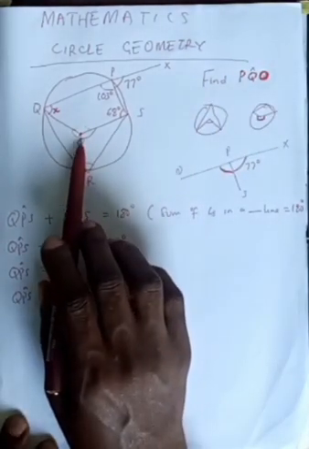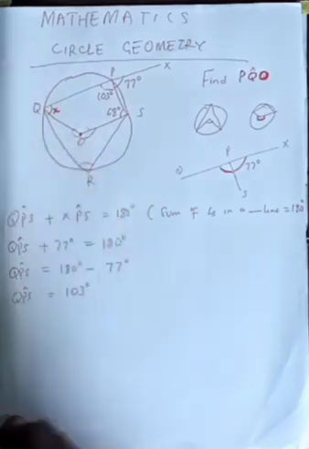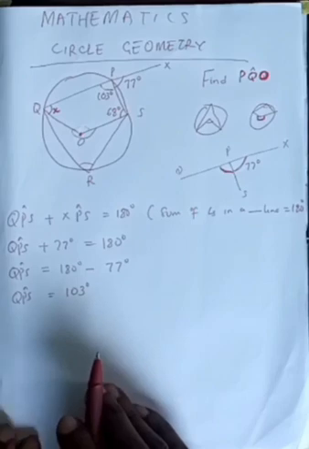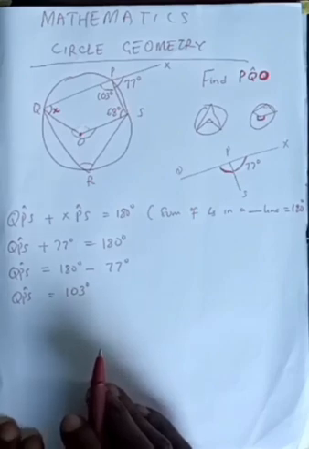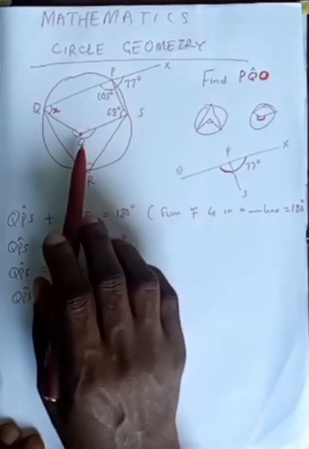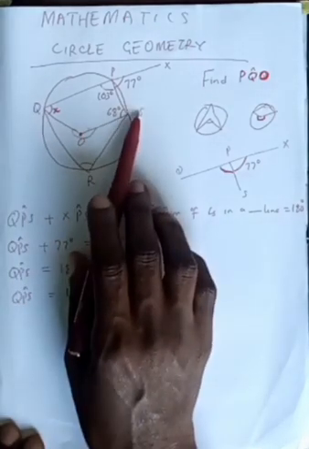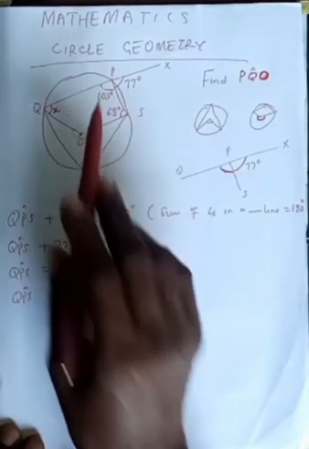So for this angle at the center, we are now going to remember the property which talks about the relationship between the angle at the center and the angle at the circumference. This angle, which you can call QOS, is twice the angle at the circumference.